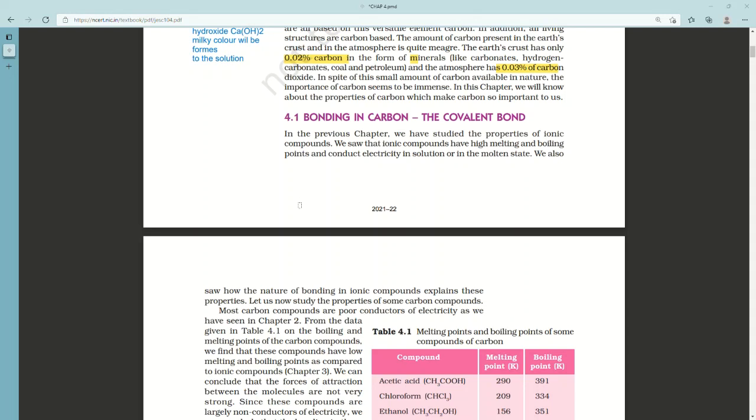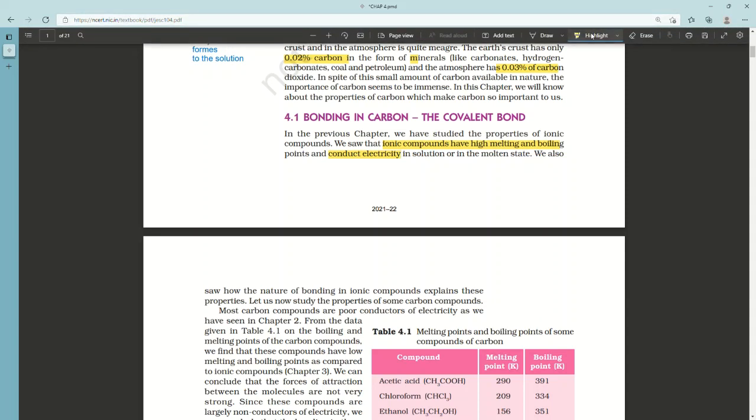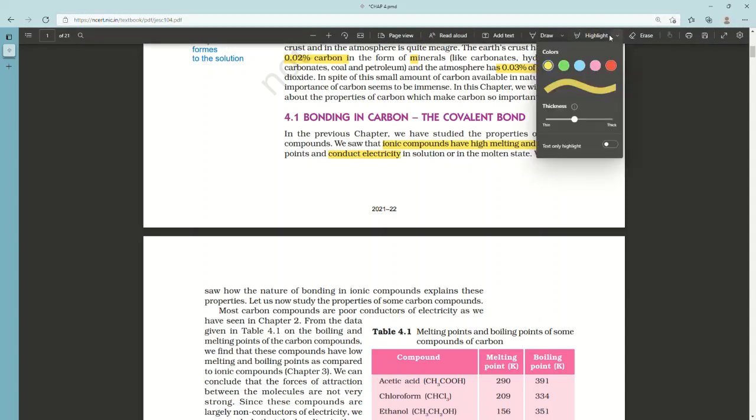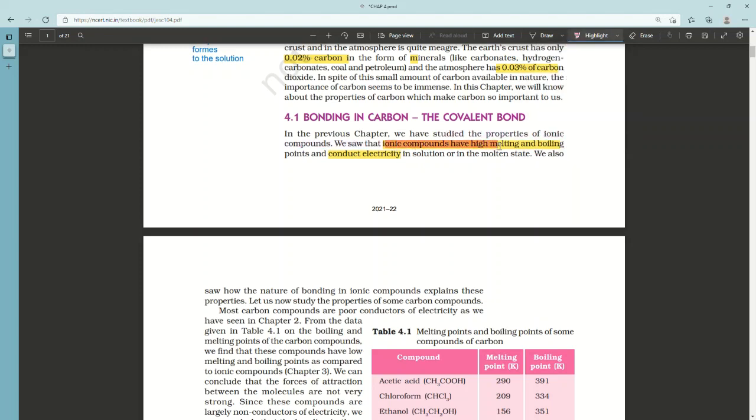In the previous chapter, we have studied the properties of ionic compounds. We saw that ionic compounds have high melting and boiling points and conduct electricity in solution or in the molten state. We also saw how the nature of bonding in ionic compounds explains these properties.